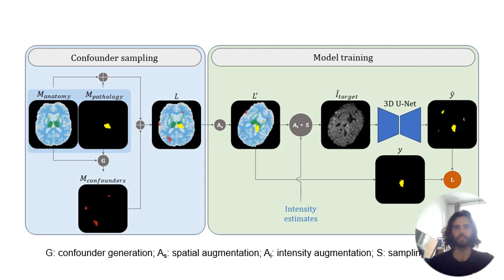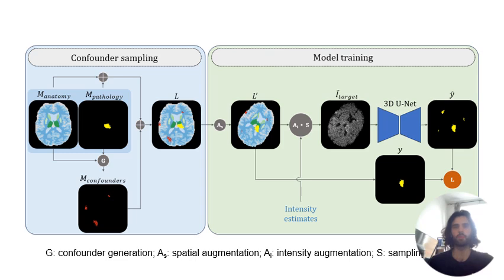Then for the model training stage, we perform spatial augmentation on the label maps, like in SynthSeg. Then for each label, we independently sample a normal distribution with the estimated mean and standard deviation for the new MRI sequence provided by the sequence developer.